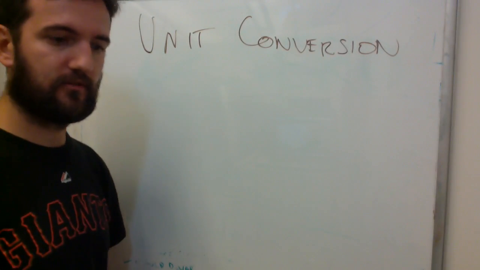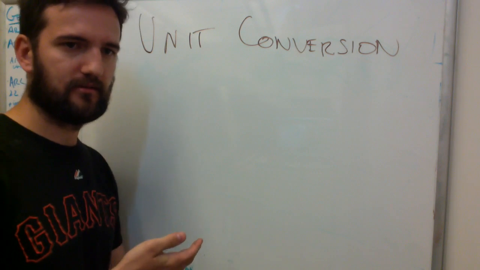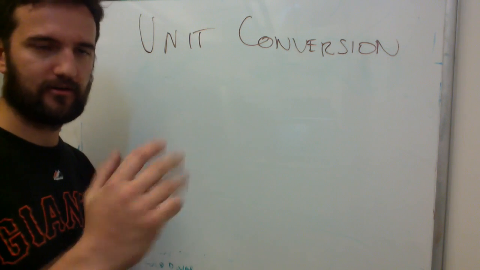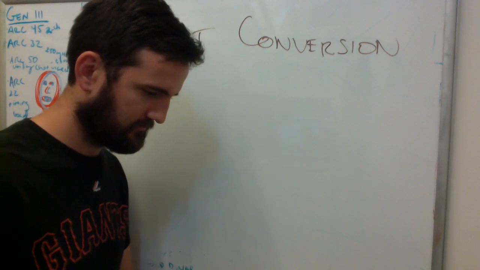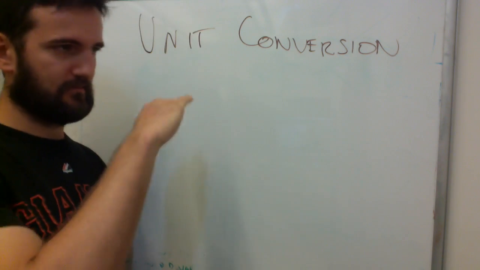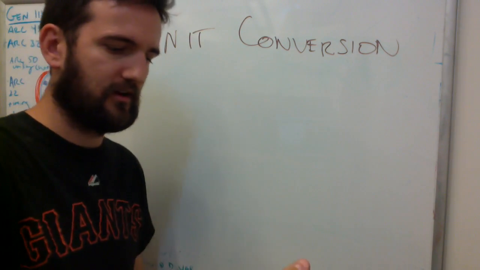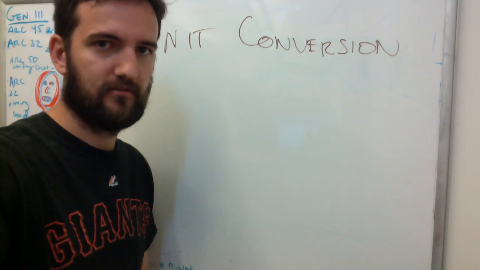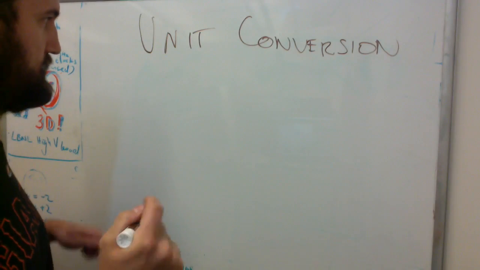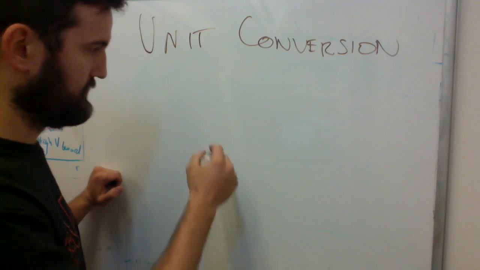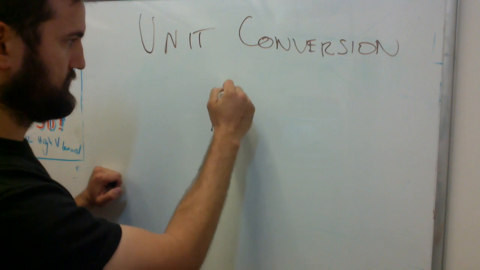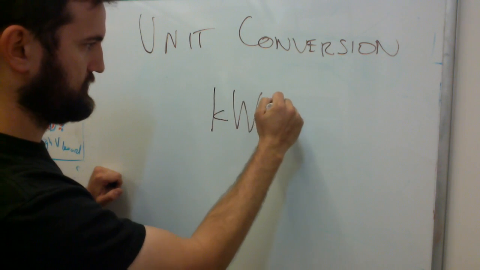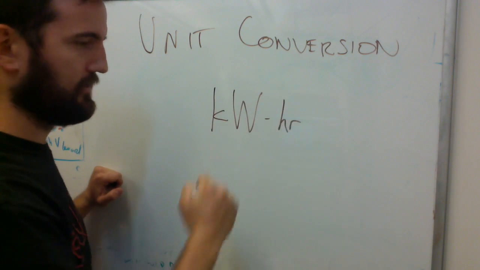Okay, so we did a unit conversion with the miles per hour to kilometers per hour. So miles per hour, it's miles on top, kilometers on the second. But what if you don't have a unit that has a division inside the unit? An example of this might be the weird unit of kilowatt hours.